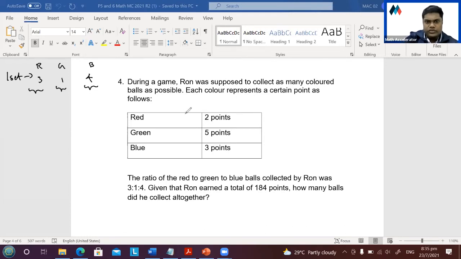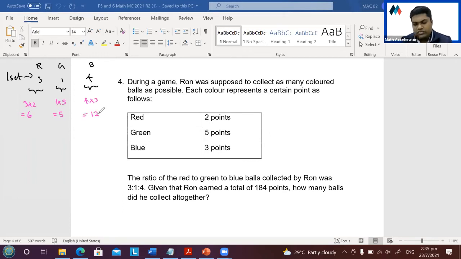Okay. So for red, right, for every red ball, it's 2 points. So if there are 3, it's 3 times 2 equals to 6. So for green it's 1 times 5, which equals to 5. And for the blue it's 4 times 3, which equals to 12.